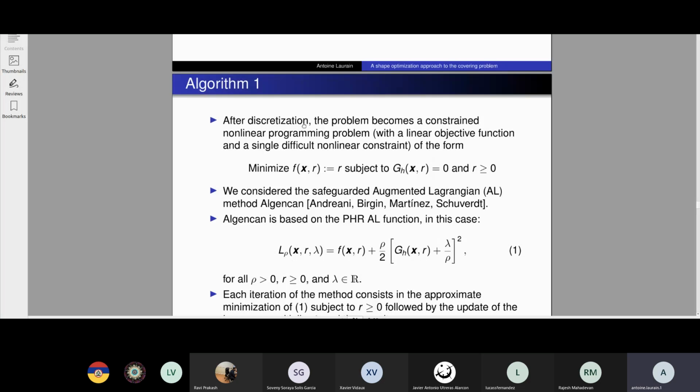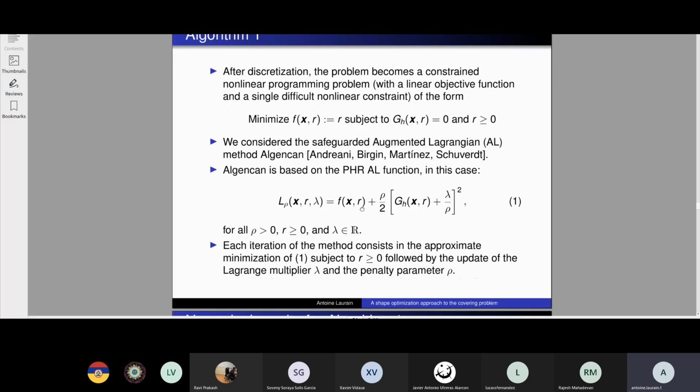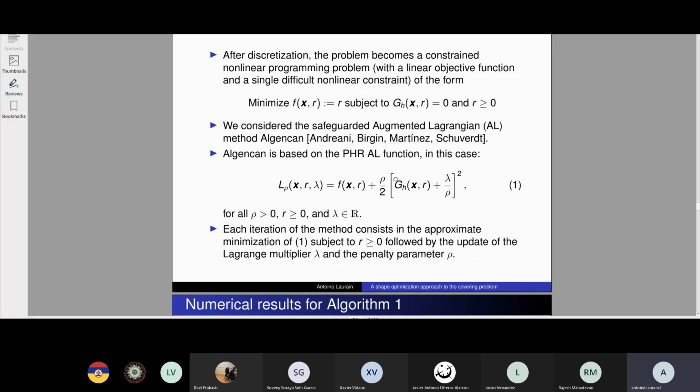So first, we have developed two different types of algorithm. The first algorithm is for general shapes A, and the second algorithm is for specific shapes A, which are in the form of polygons, if you want. So the augmented Lagrangian, well, I'm not going to explain the details, but it works in this way. You define the Lagrangian, which is composed of the cost function that you want to minimize. This would be just the radius, this function f.